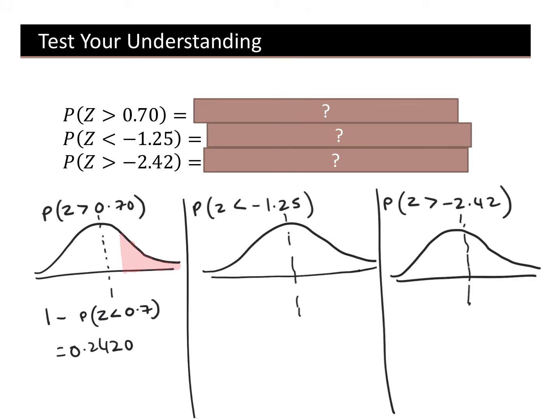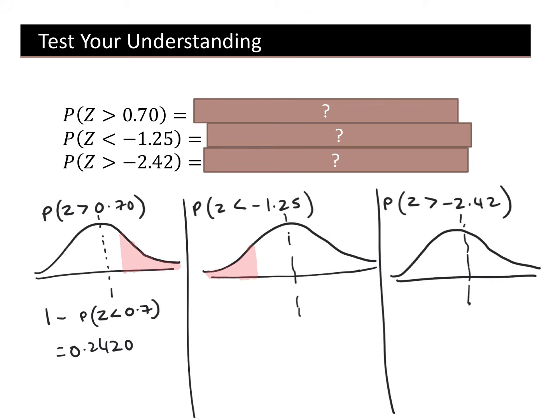Okay, the next one, we want z is less than minus 1.25. So we want here. Now we can figure out what's to the left. But the problem is that it's a negative number. And do we have the negative one? No. So this is the only problem, when what we're trying to find is negative.